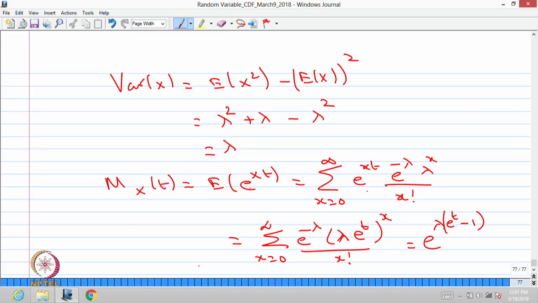So, since it is a discrete type random variable, you can go for probability generating function.